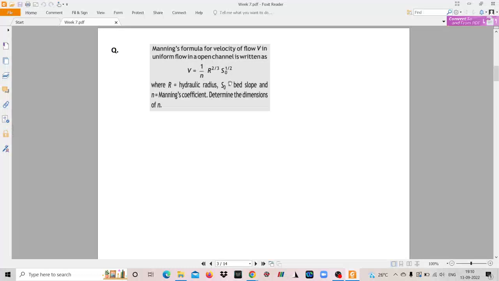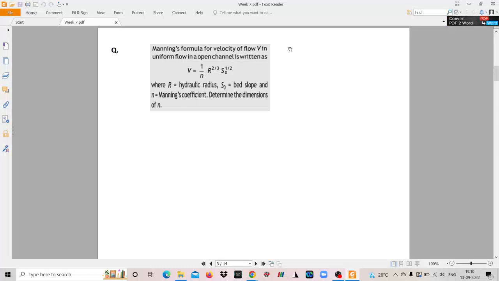In this equation, forget about the physical significance. It is written that it gives the velocity of uniform flow in an open channel, but from the dimensional analysis point of view, this is a velocity, so the dimension is L T^-1. R is the hydraulic radius, so it definitely has a length dimension.